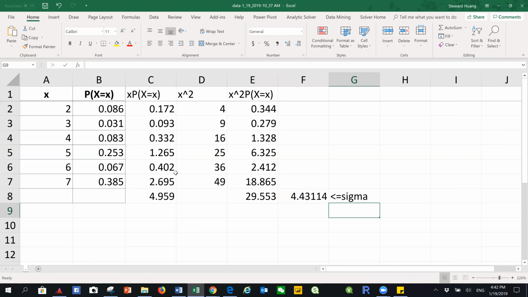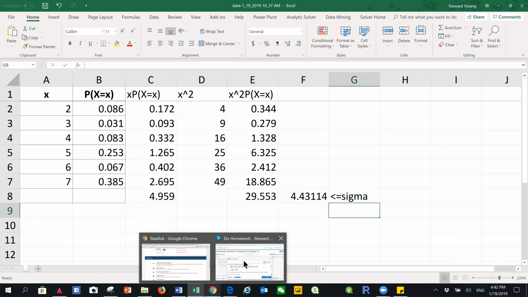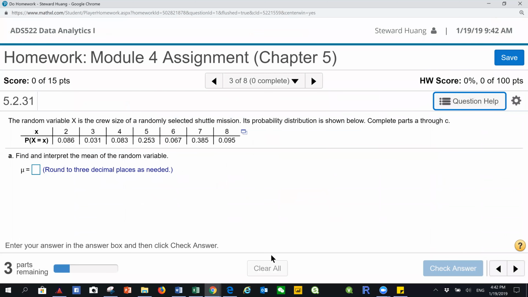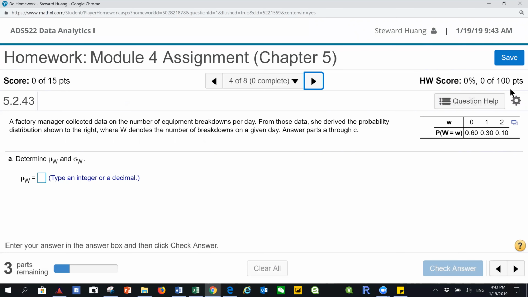Of course, you can do it using the original form of the sigma formula. You will get the same result. Any questions so far? Let me know whenever you have questions. So this is a way to do it. And this one is the same.